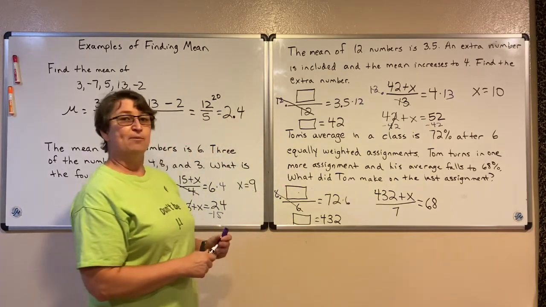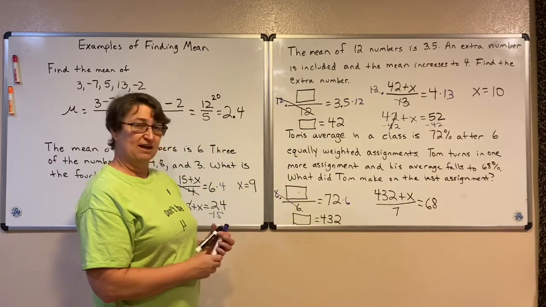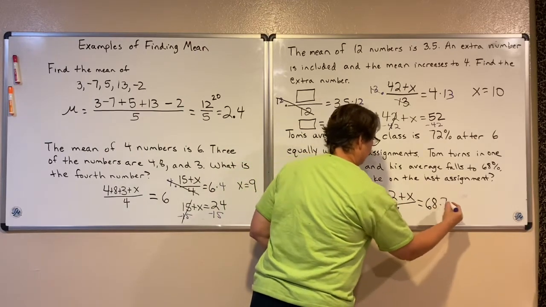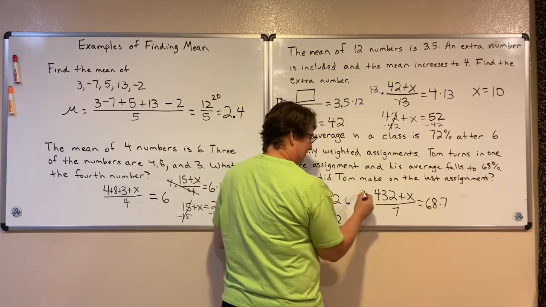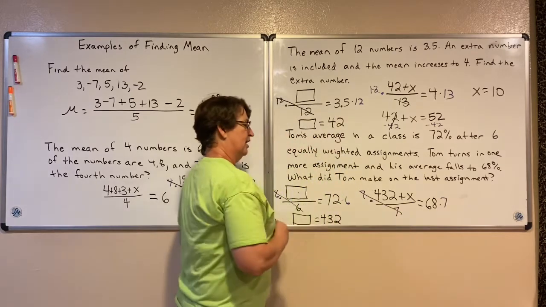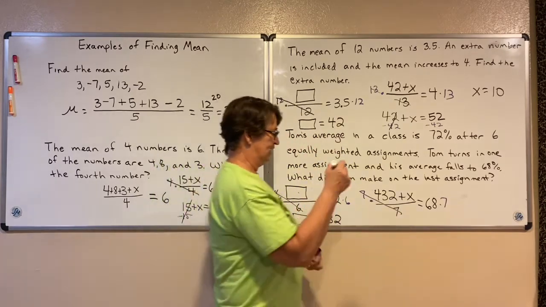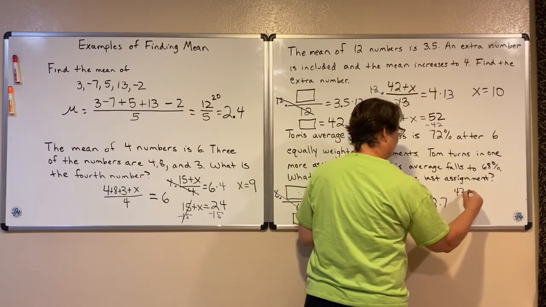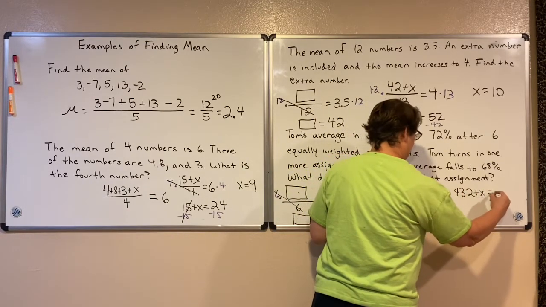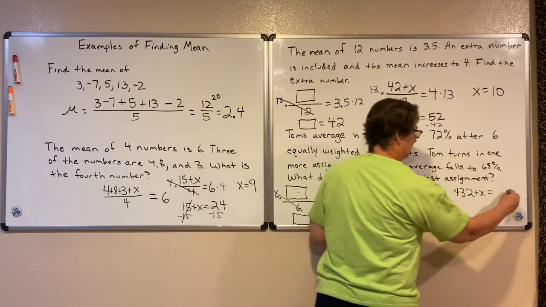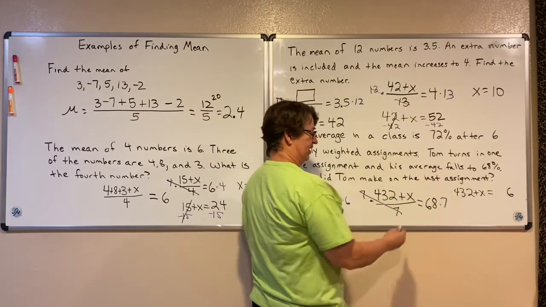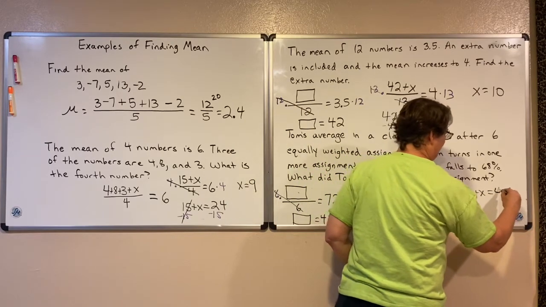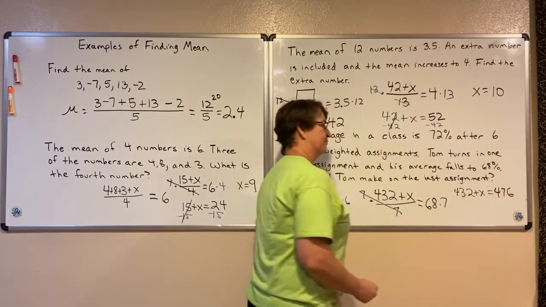So now I'm going to multiply both sides by that 7 to get rid of the 7. That 7 divided by that 7 becomes 1. And on the left, I have 432 plus X. And on the right, well, 7 times 8 is 56, carry your 5. 7 times 6 is 42, plus those 5 makes 47.